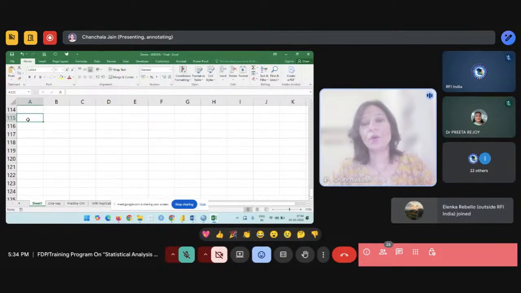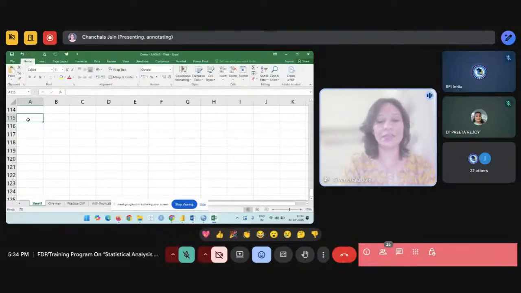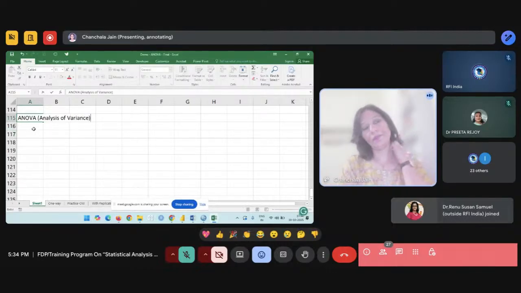Yesterday, I talked about the parametric test, the t-test. Now we are talking about the next test, the analysis of variance, which is another parametric test. So the agenda is ANOVA, that is analysis of variance.